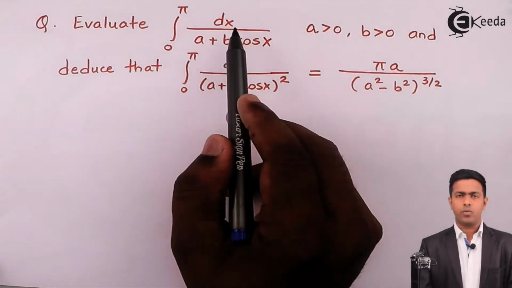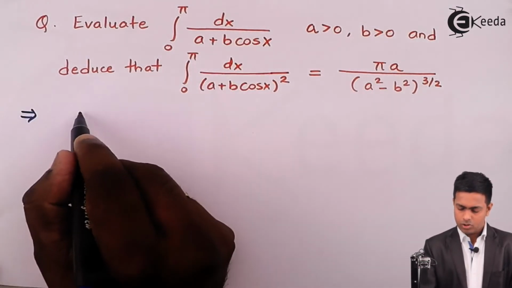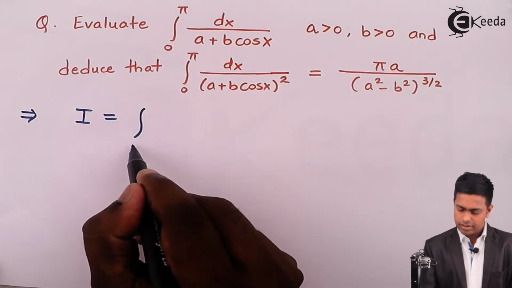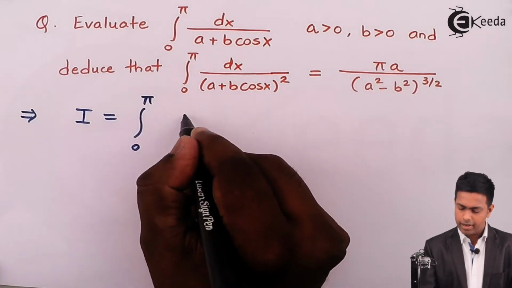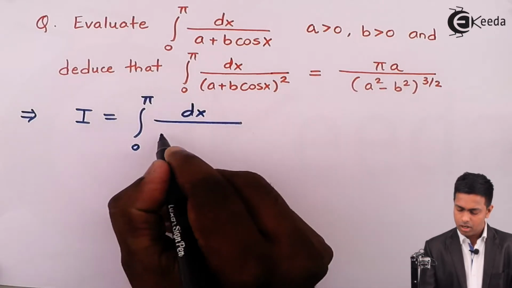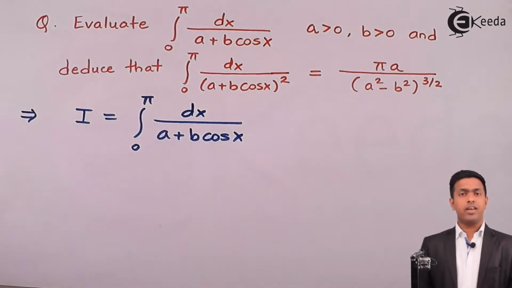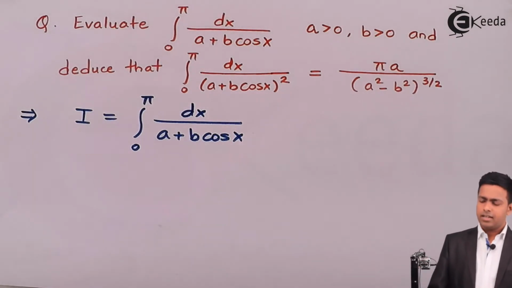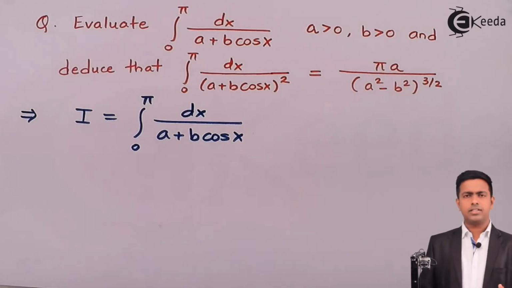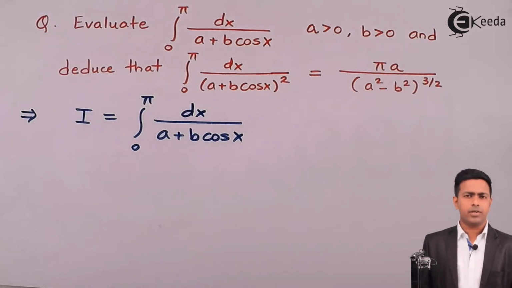Now if you see the question, I is equal to integration 0 to pi dx upon a plus b cos x. And guys, we have seen this type of numericals in 12th standard, and to get the value of this type of integration is very easy, hence we will follow that method only.